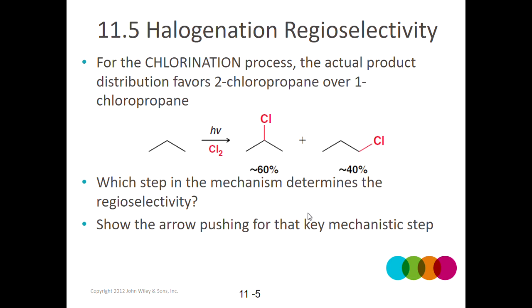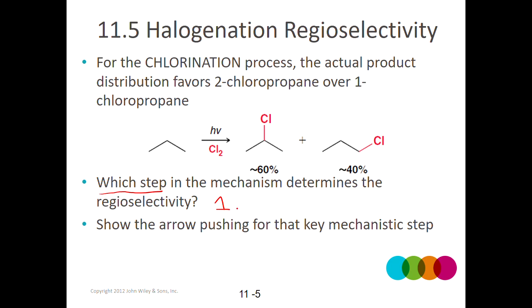All right, so chlorination. If we did this reaction, the one we were just talking about with chlorine, experimentally, you would get 2 products, as we just predicted. 60% of the product would be involving the secondary chloride, and 40% would include the chloride at the primary position. So let's answer some of these questions. Which step in the mechanism determines the regioselectivity?